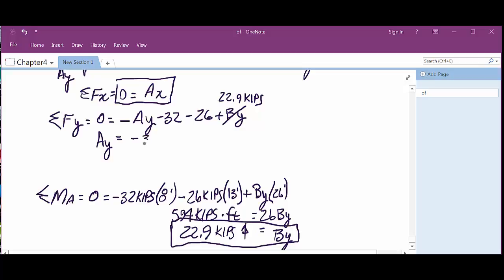So it's negative 35.1 kips. Oh crap. Okay, so now we just make a note to ourselves: AY equals 35.1 kips. We said it was going down, but since it's negative, it's really going up.